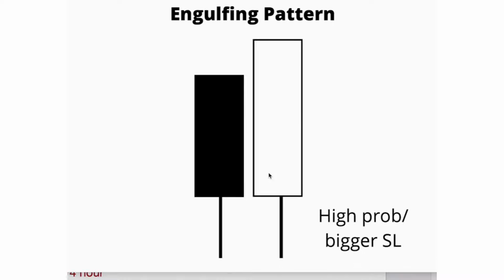Now, as you can imagine, this one will have an even higher stop loss than the piercing or the dark cloud cover candle patterns, but the probability is also higher. So the more engulfing this candle becomes, so in this case it's completely engulfing and it's closed way above the top of the preceding candle, and it's a clean shaven head candle.